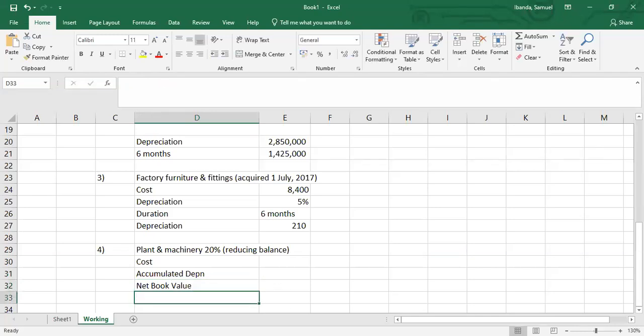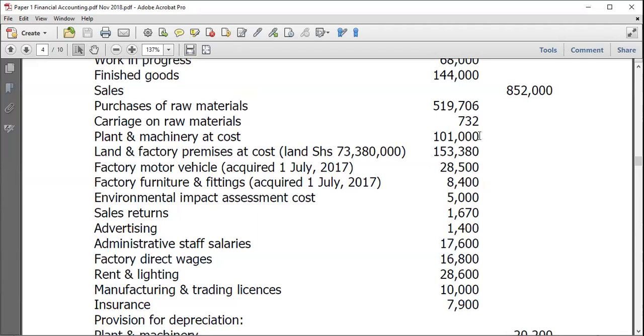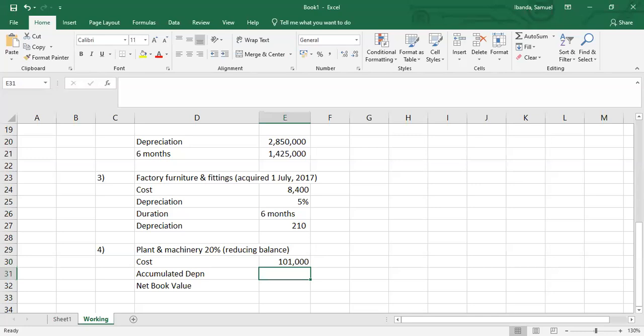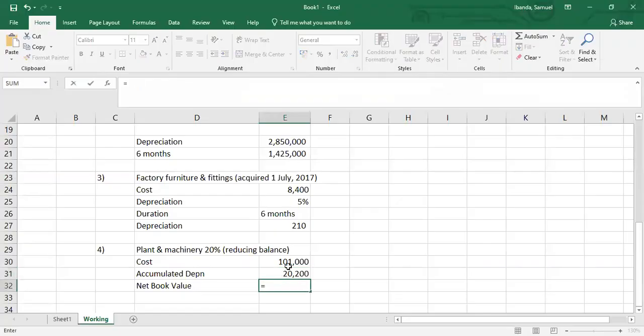That is what I'm going to do. I'll get this 1,100, bring it here, and then get my accumulated depreciation, which is down here. Get the difference.